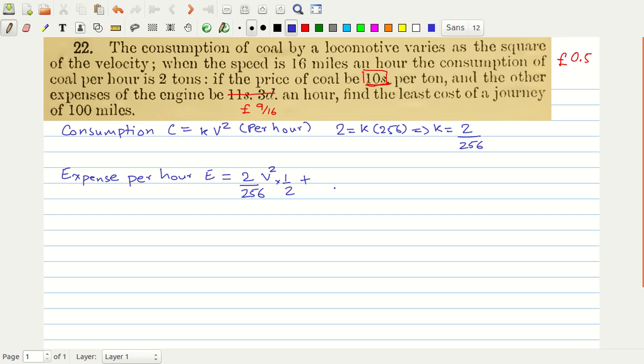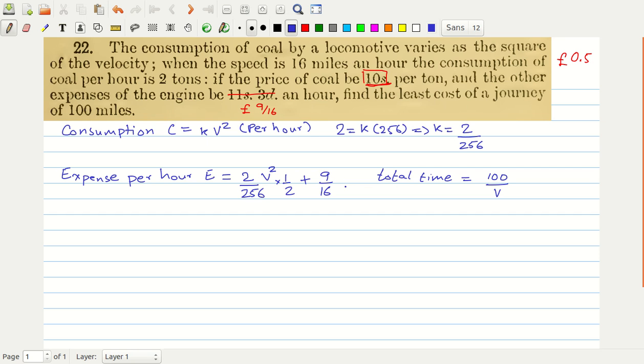This is the expense per hour. What is the total distance that we have to cover? We have to cover 100 miles. So what will be the total time? Total time for which the engine will run is distance 100 miles divided by the speed v.